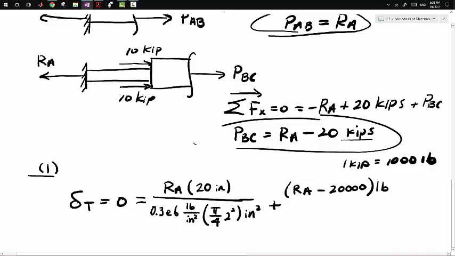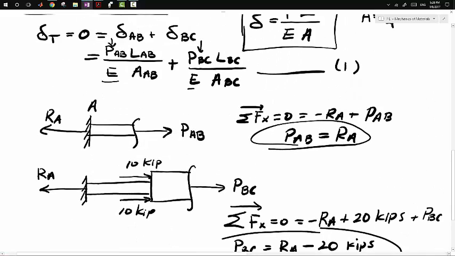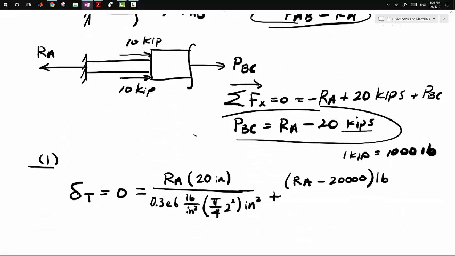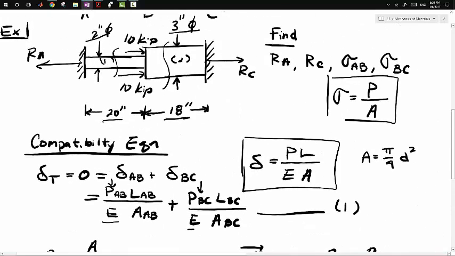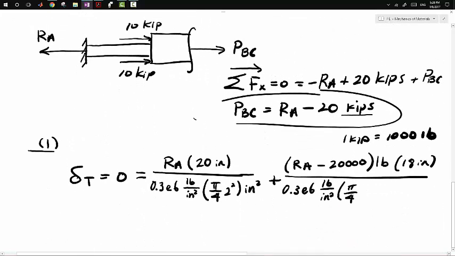So this will be in units of pounds now. Times the length of BC, which is 18 inches, divided by Young's modulus, 0.3 times 10 to the 6 pounds per square inch, times the area, which is pi over 4 d squared, where the diameter is 3 inches in section BC. So 3 squared inches squared.